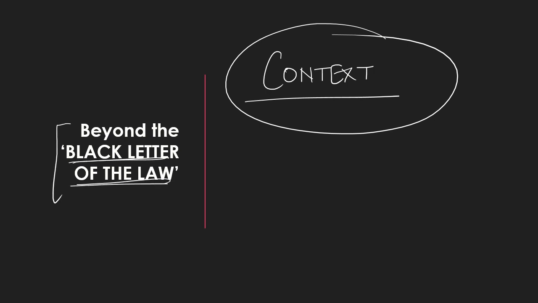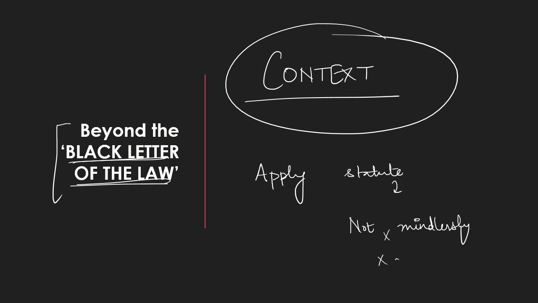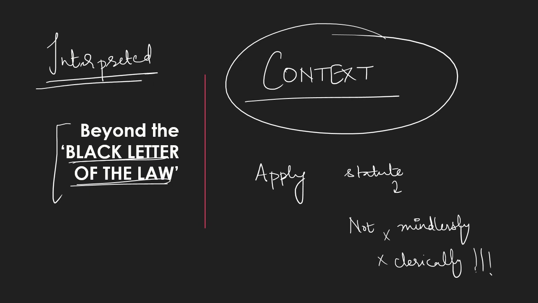You cannot mindlessly read the law, right? So when you apply the law, when you apply, say, a statute, it is not done mindlessly. You do not do it clerically, right? There is the need for these laws to be interpreted, right?